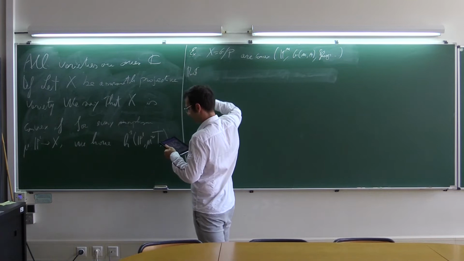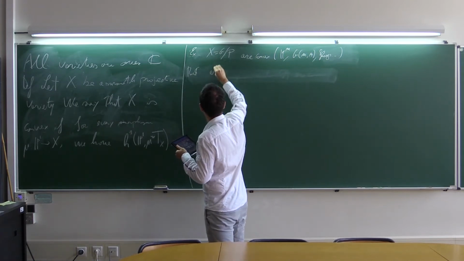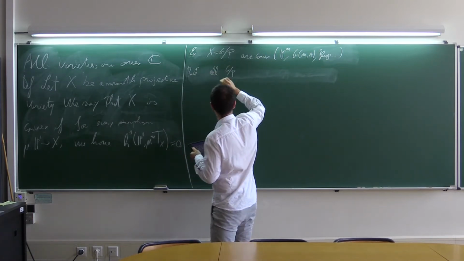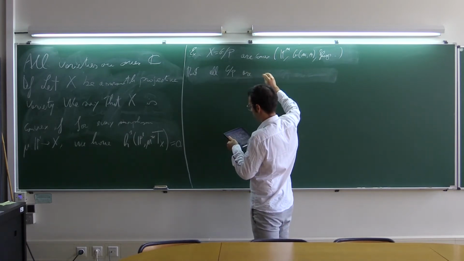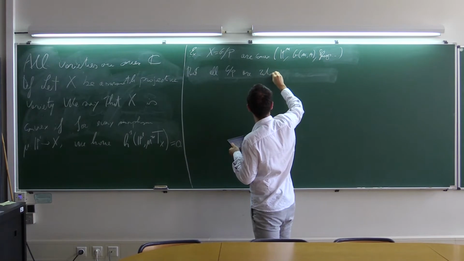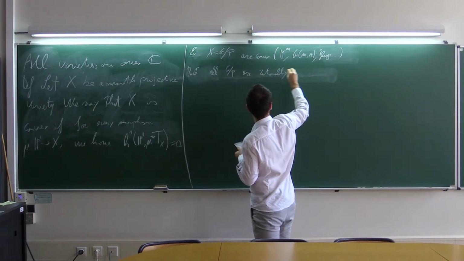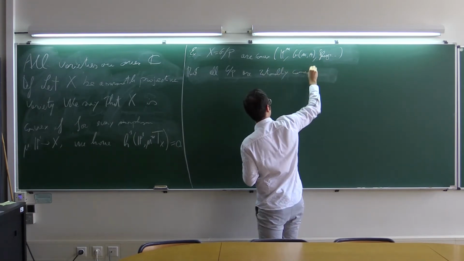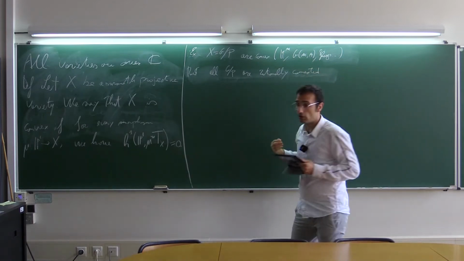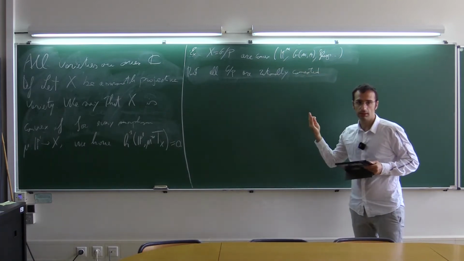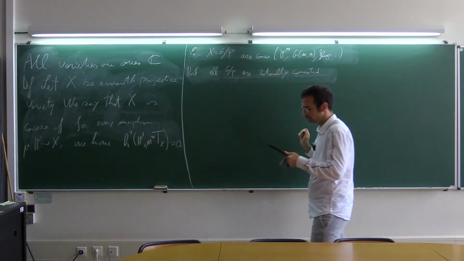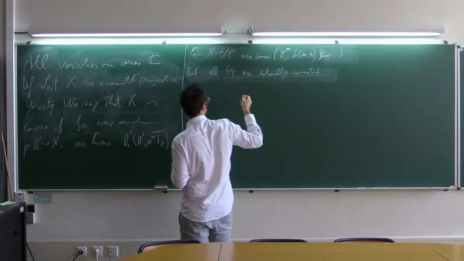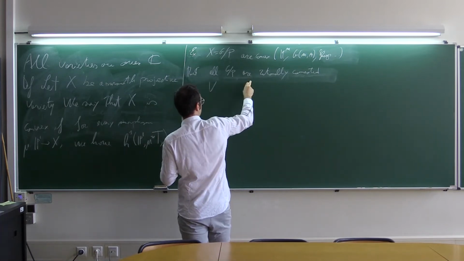A remark, all varieties of this type, G sub P, are rationally connected. So they have a lot of rational curves, which is what we are interested in. What does it mean that it's rationally connected?